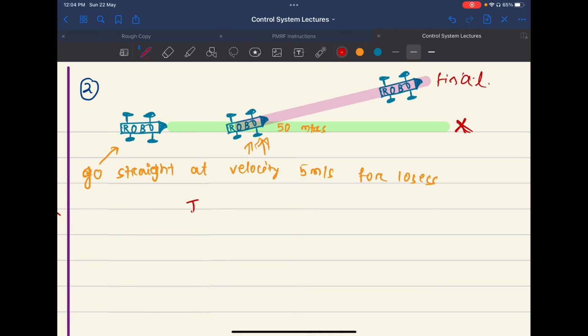In an open loop system, the control input doesn't have any information about the output we are getting. Whatever strategy is predefined, it will just follow that. But in a closed loop system, the input does have some information about the output signal. That's why it will incorporate that data into its signal, and it will drive the system accordingly.